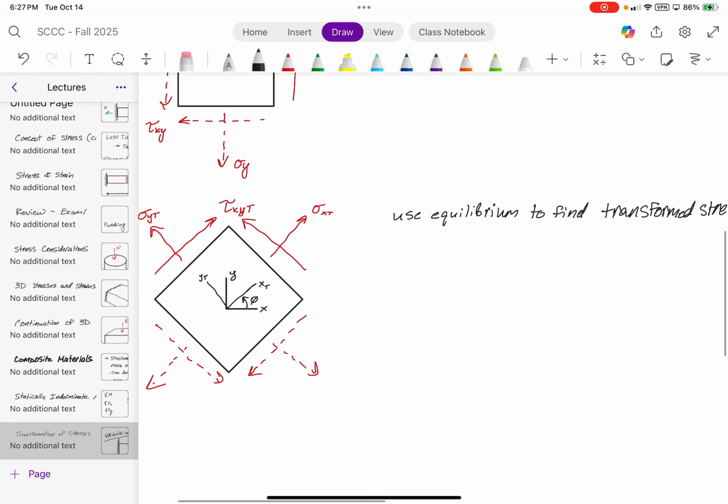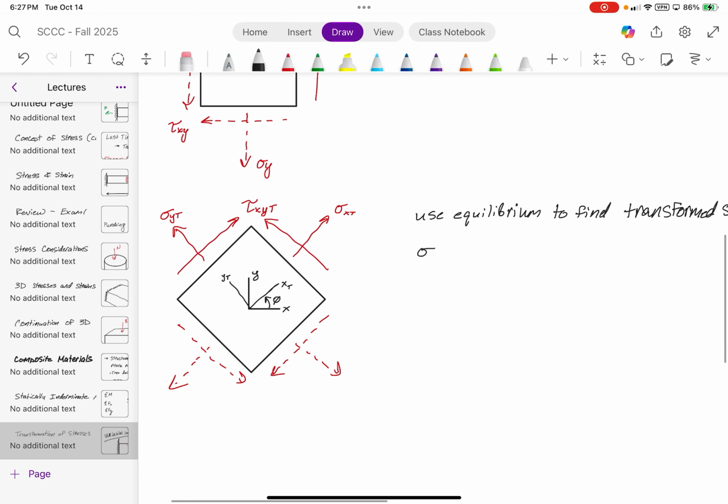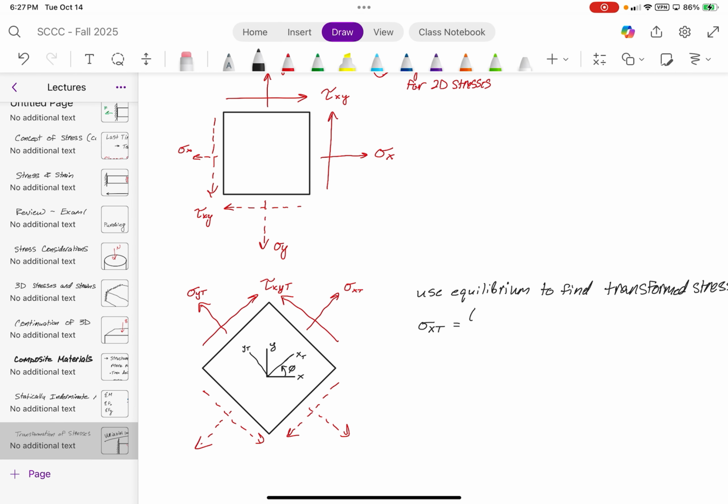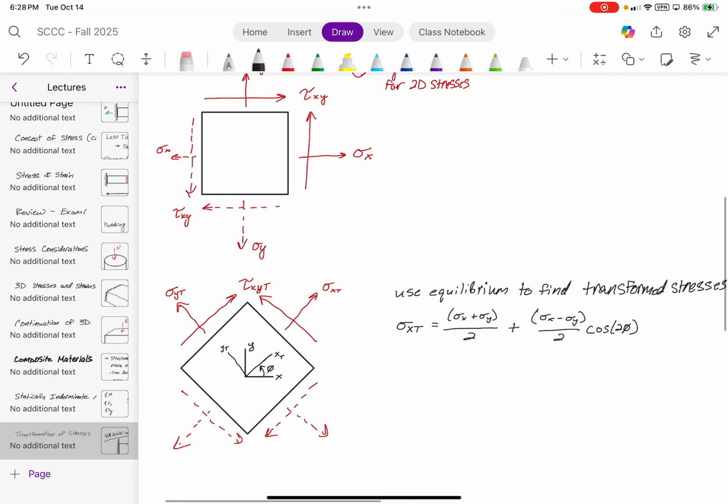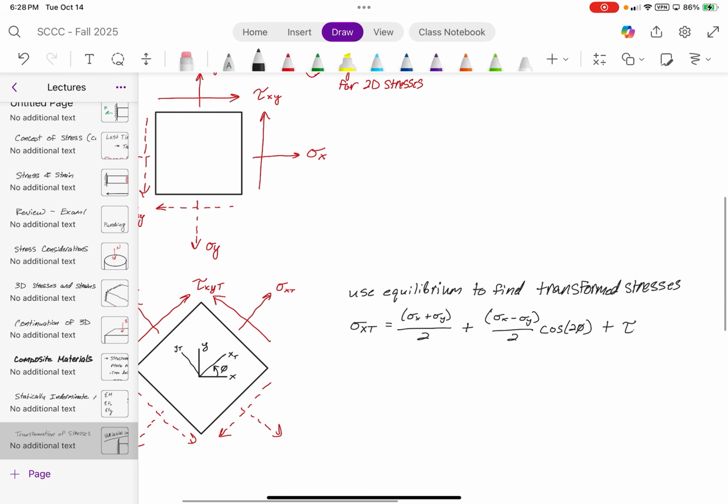All right? So, our transformed stress for sigma xt is going to equal sigma x plus sigma y divided by 2, plus sigma x minus sigma y divided by 2 times cosine of 2 times theta, plus tau xy sine of 2 theta.